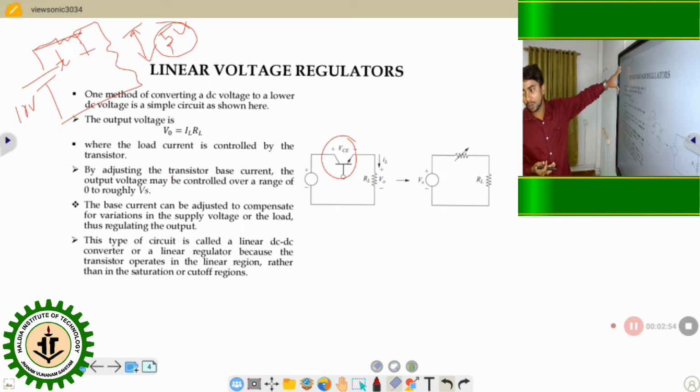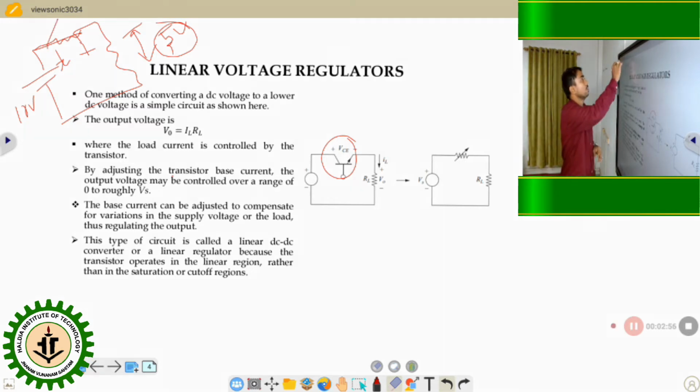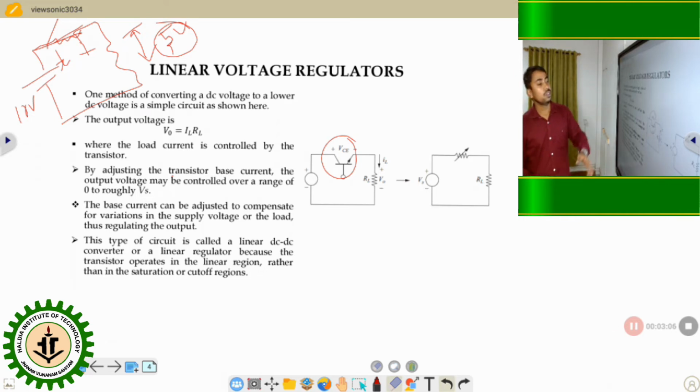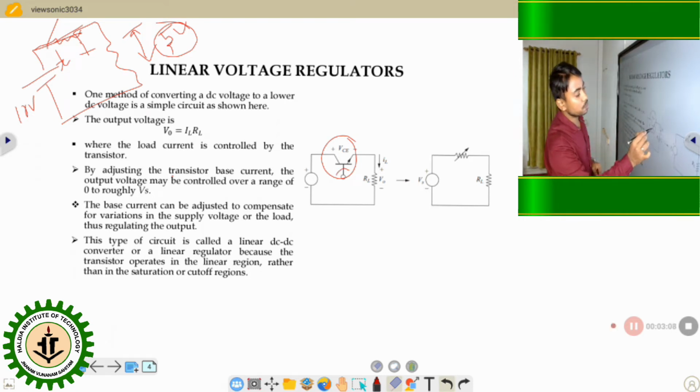That's why we use only the power electronic switch here. With this switch, we can control the output voltage. How is it possible? This is possible by changing the base current of this transistor. Here is the supply voltage, and here is the output voltage recorded across this load.